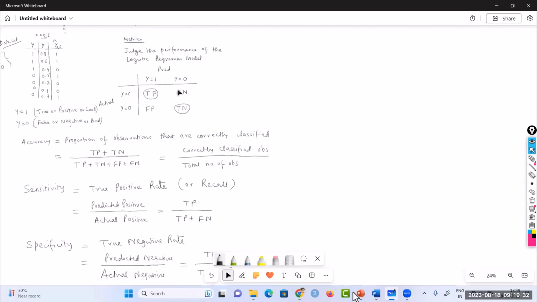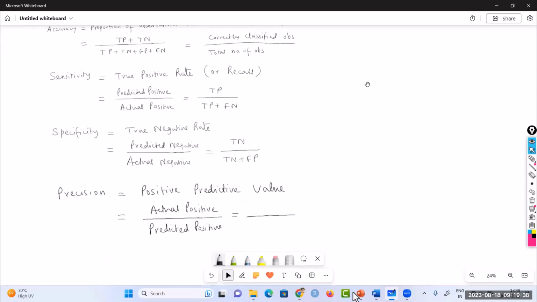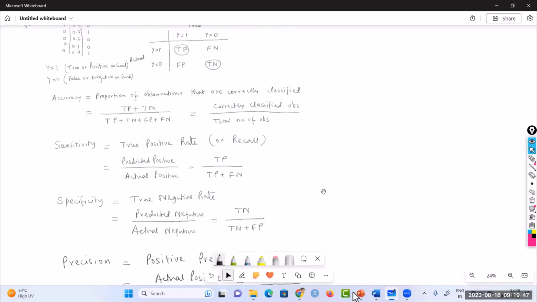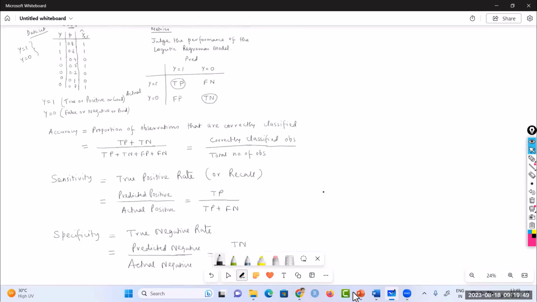Predicted positive means predicted y equals 1, that means true positive plus false positive. Out of that, how many are actually positive? So true positive.